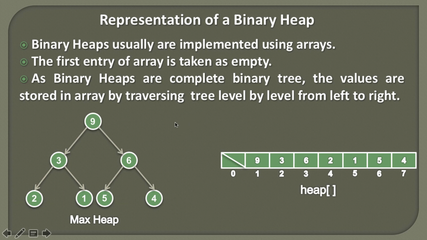Also friends, in the last tutorial we discussed that binary heaps are complete binary trees, where all the levels are filled, and if all levels are not filled, then only the last level is not filled, and the elements are arranged in such a way that the left side is not empty. Here you can see why we take it as a complete binary tree. Suppose 2 is not present.